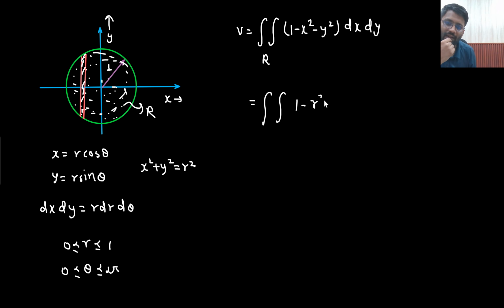So we get 1 minus r square into r dr d theta, with r going from 0 to 1 and theta going from 0 to 2 pi.